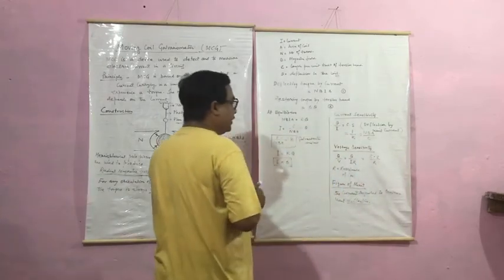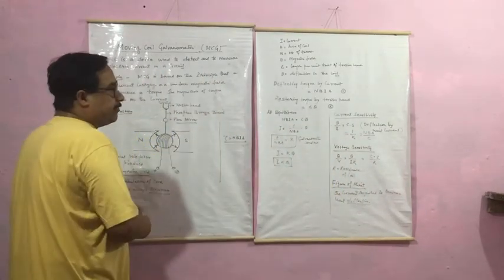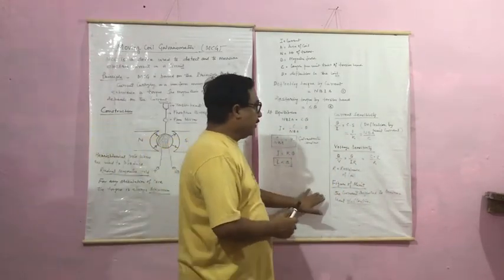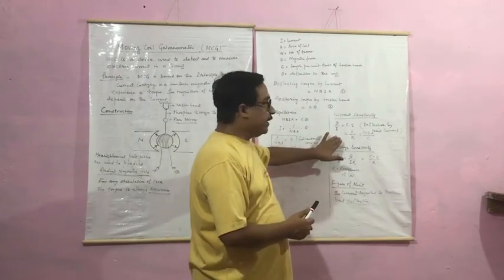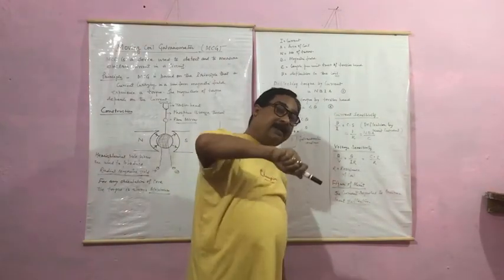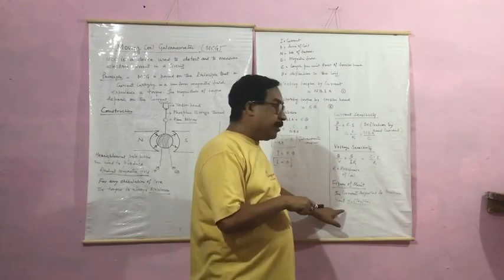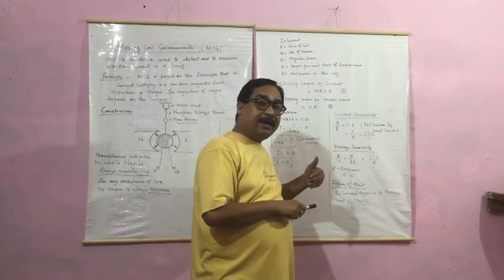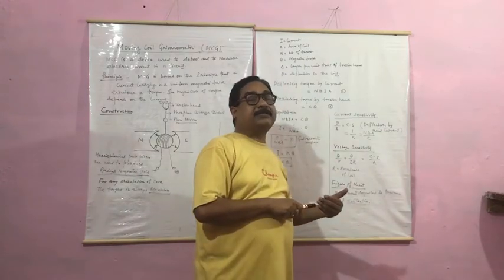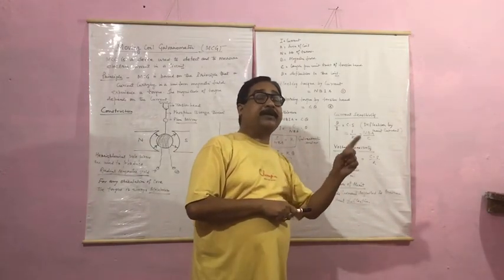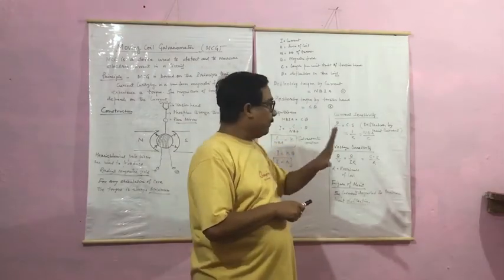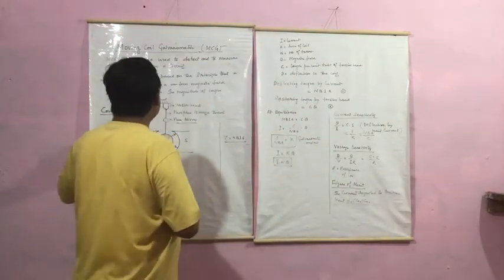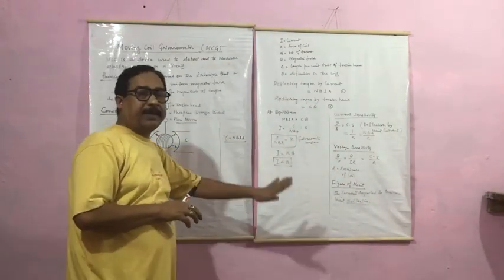Right? So there is a slight difference between current sensitivity and figure of merit. Current sensitivity means it is the deflection by unit current, and figure of merit of galvanometer, it is the current which is required to produce unit deflection. Okay? So this is everything so far as your moving coil galvanometer is concerned.